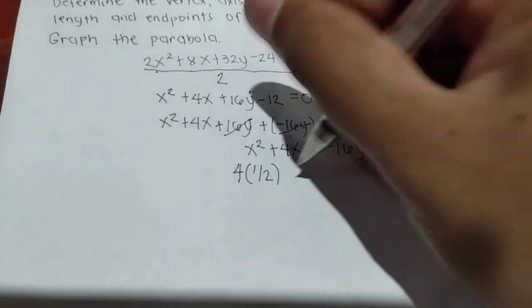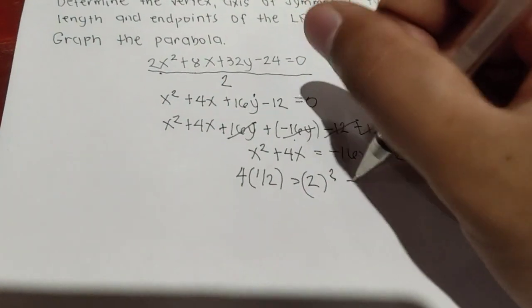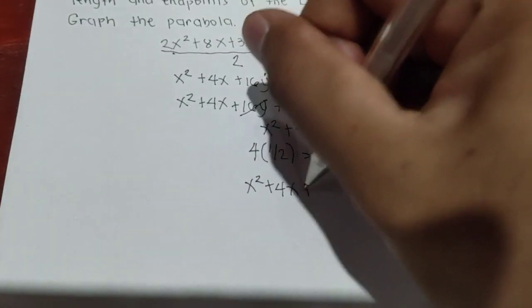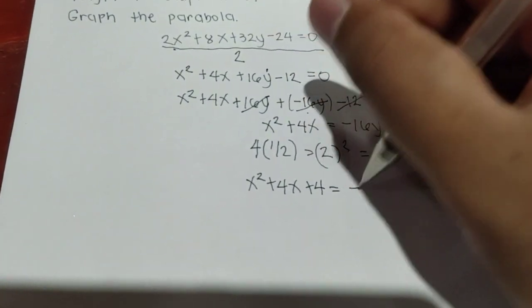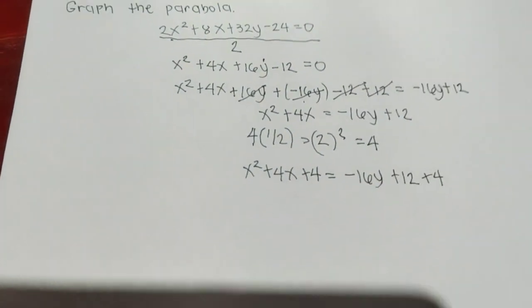So we have 4 times 1/2, which is equal to 2. Then we square that 2, which is equal to 4. So we have here x squared plus 4x plus 4 is equal to negative 16y plus 12 plus 4.